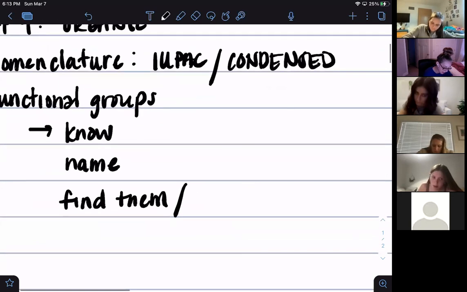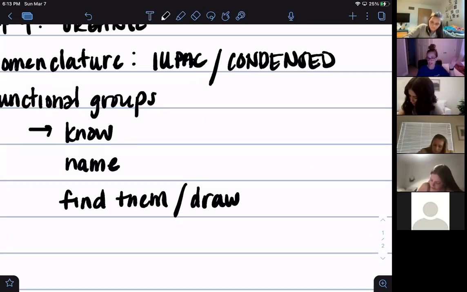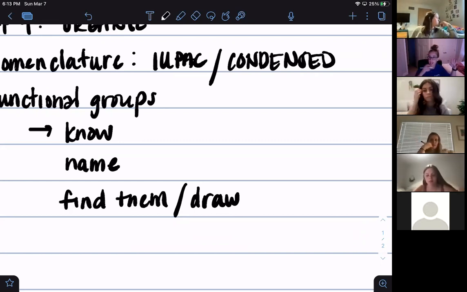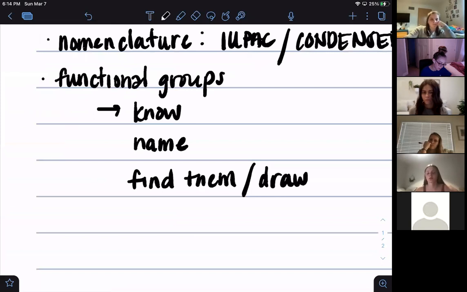Slash, now I'm going to say draw, but you're not really drawing for the exam, because nothing structurally for this exam has changed, and it won't change for the remainder of the semester. Everything is going to be multiple choice. But when I say draw, what I'm saying is he's going to give you an image, and he's going to pretend that you could be drawing, but it's already done for you. How would you draw it? Does that make sense? So all three of those things in terms of functional groups.